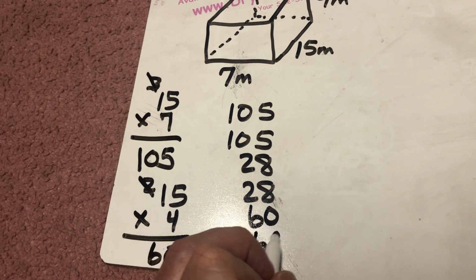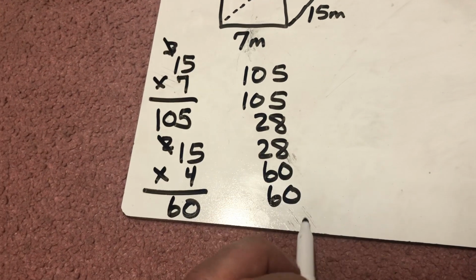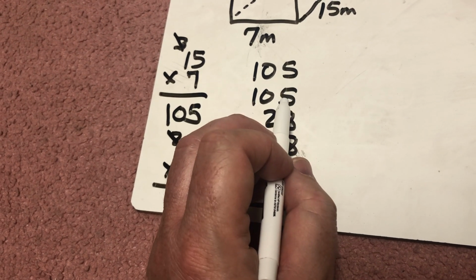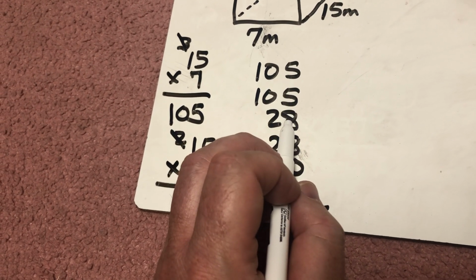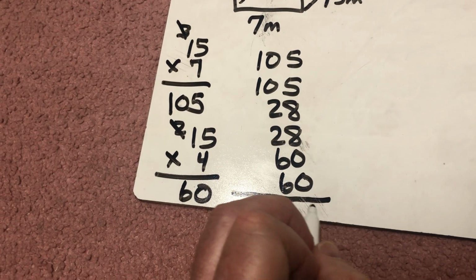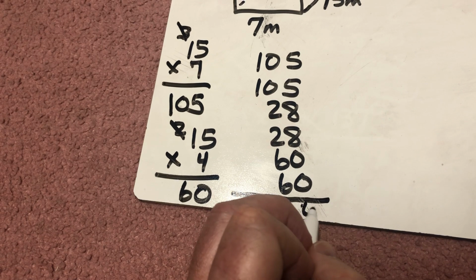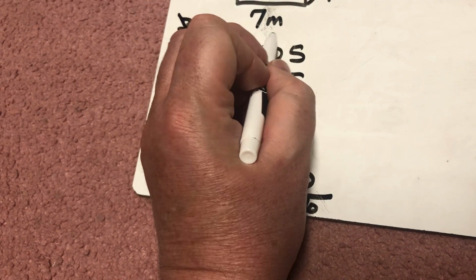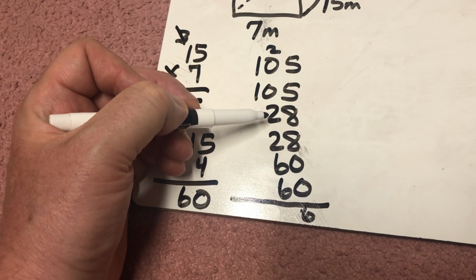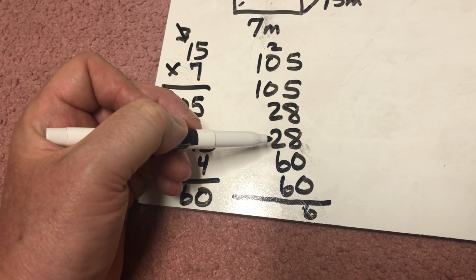The right is 60, the left is 60, 60, and 60. Now I have to add all these together. 5 plus 5 is 10. 10 plus 8 is 18. 18 plus 8 is 26. So I'm going to put the 6 down. I'm going to carry the 2. 2 plus 0 and 0 is 2. Plus 2 is 4. Plus 2 is 6.